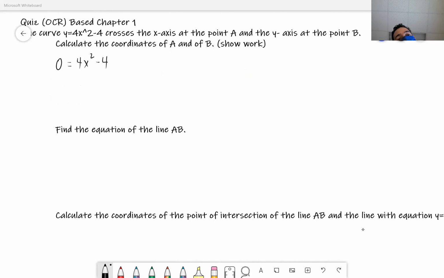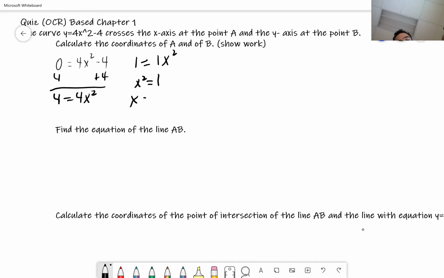So if I add 4 over here, you have 4 equals 4x squared, right? So you have 1 equals 1x squared. So x squared equals 1. So x equals plus or minus the square root of 1, which is x equals plus or minus 1.